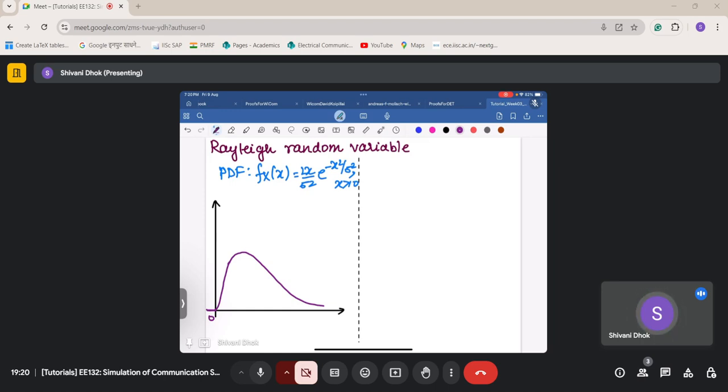And then we have the CDF. Its CDF was FX(x) equal to 1 minus e power minus x square by sigma square for x greater than or equal to 0.